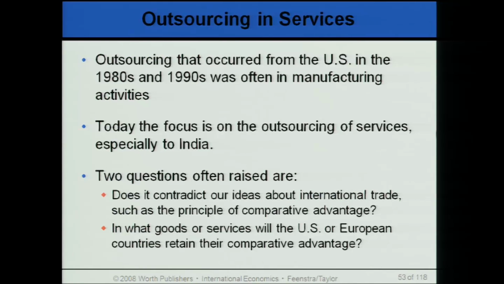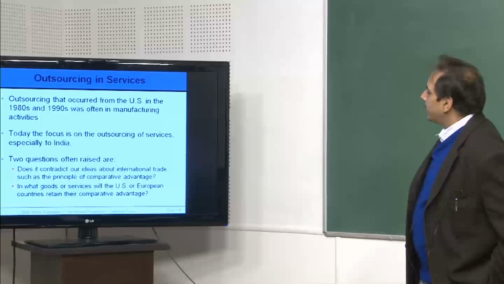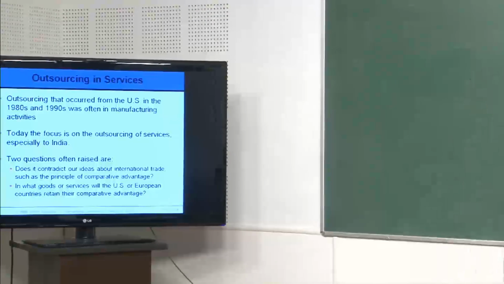My last discussion point is outsourcing in services, and why is this a focus of attention? Because Indians are doing quite well as far as providing these services to the developed nations. They can be call centers, back office operations, financial analytics, business processing outsourcing.